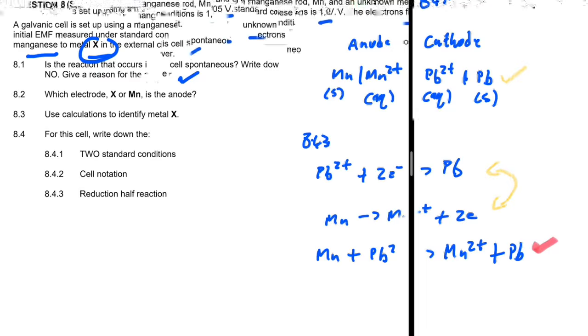So the EMF of the above cell under standard conditions, we're going to have the reduction potential at the cathode minus the reduction potential at the anode. This is equal to, at the cathode, we have silver. What is the reduction potential? 0.8 minus the reduction potential of copper 2 plus.